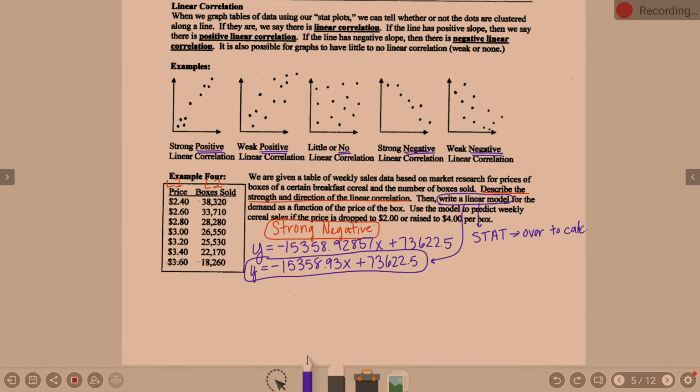And then once we were in calc, we went to number 4, linear regression, ax plus b. And once we were in there, we made sure it was L1, L2, and then we went down to calculate. Okay, there's your little cheat sheet of what the heck did we do to get that answer. I think we should get that.